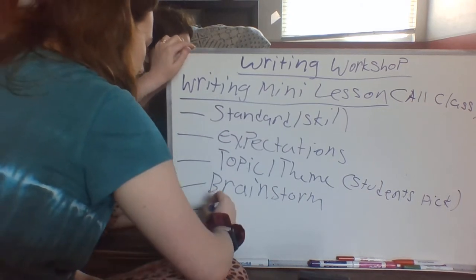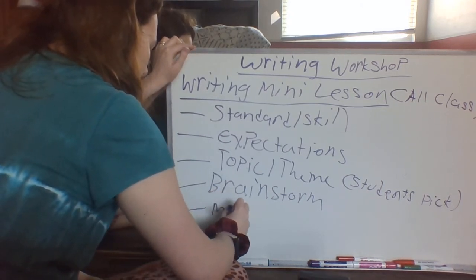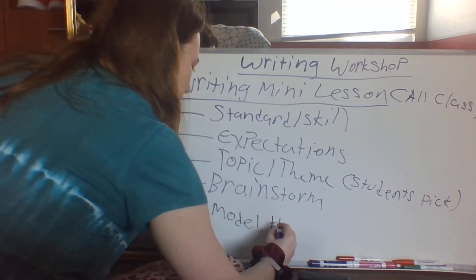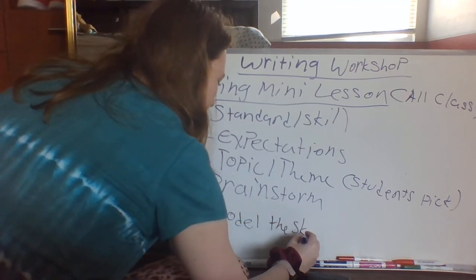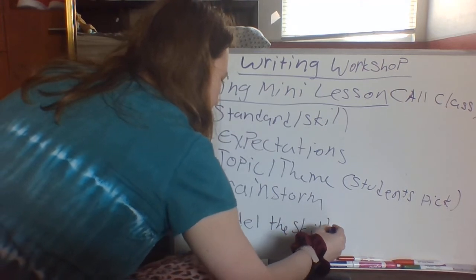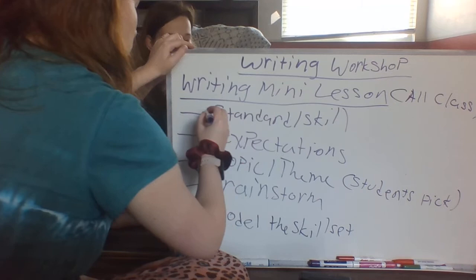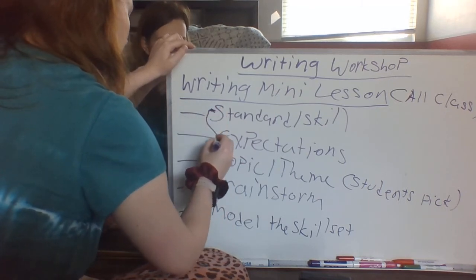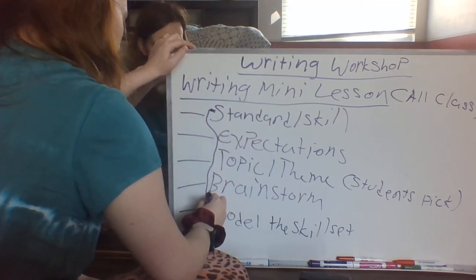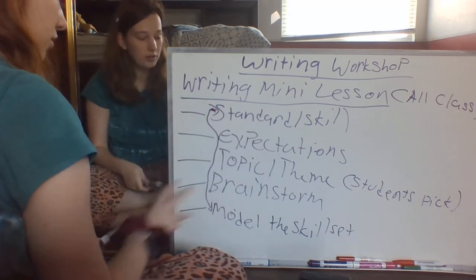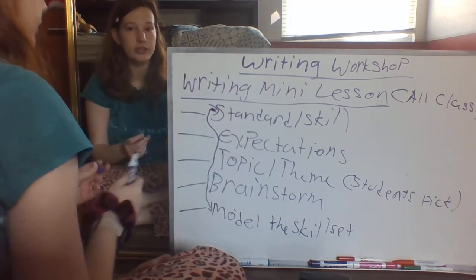And then obviously, I think the last thing that I would do in my mini lesson is model the skill set. So that would be coming back to our standard here. We're tying in our standard and skill to showing what we want our students to be doing.